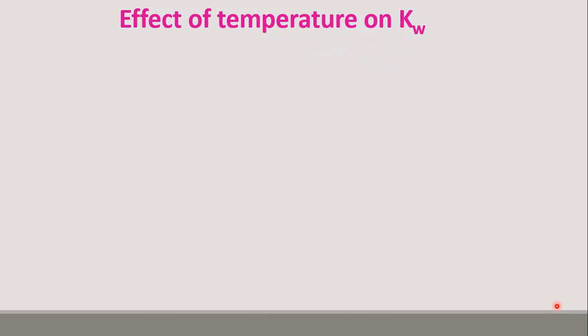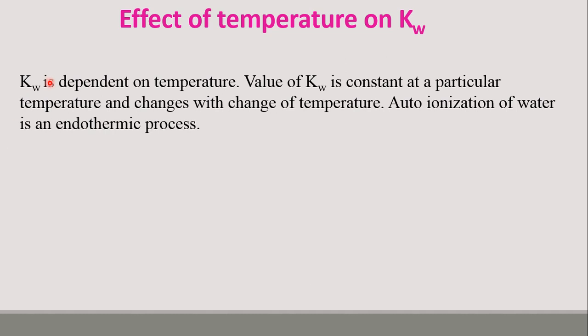Now, effect of temperature on Kw. I have told that Kw changes with change of temperature. That means Kw is dependent on temperature. Value of Kw is constant at a particular temperature and changes with change of temperature.